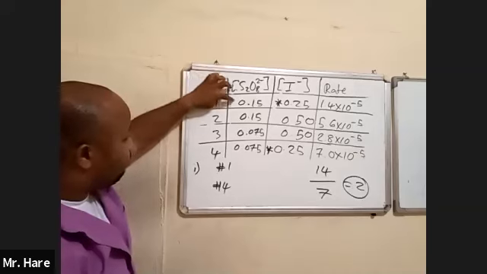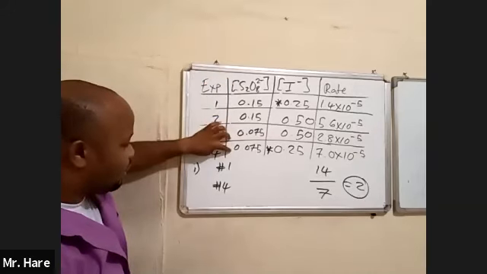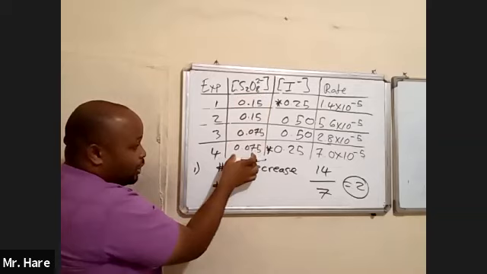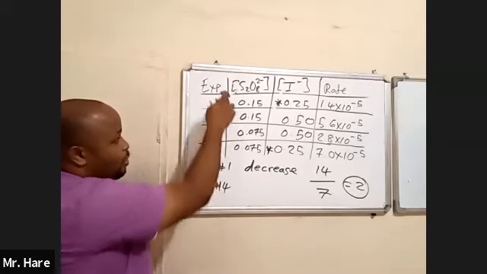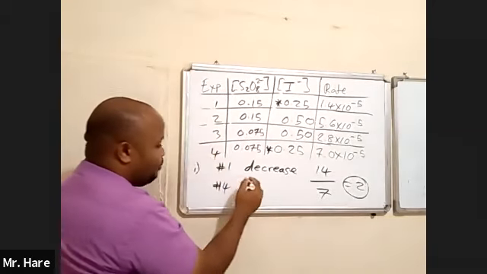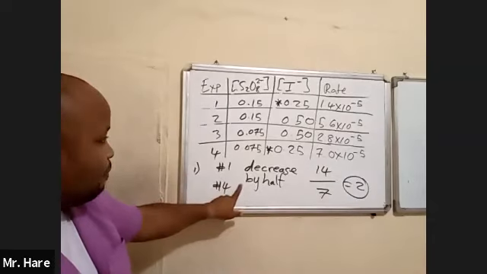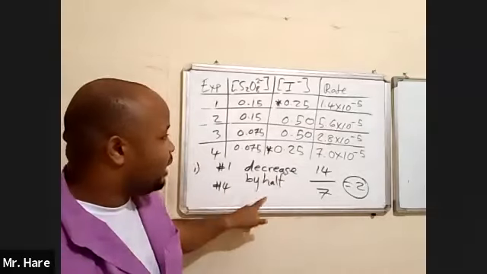Once you look at it, you can see that 0.15 to 0.075, it decreased by a half. So we decrease the concentration by a half, going from experiment 1 to experiment 4. When you decrease the concentration by a half, we have to look at how the rate changes.